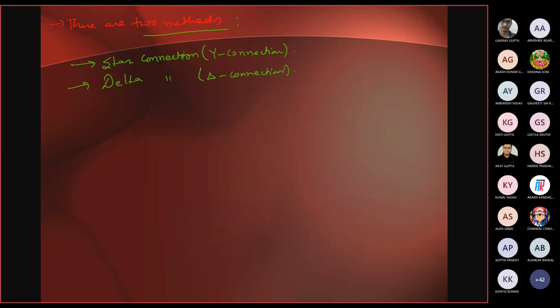Separately we will see each configuration. First of all we will talk about the star connection. How is a star connection formed? First of all you will have to consider three separate coils. Let us consider the same coil.